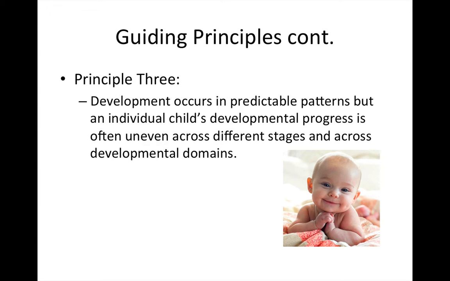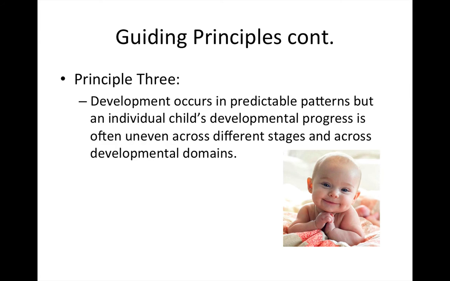Principle 3 is that development occurs in predictable patterns. But again, an individual child's developmental progress is often uneven across different stages and across developmental domains. Even though each child is unique, we also know that there are some predictable steps or stages of development.